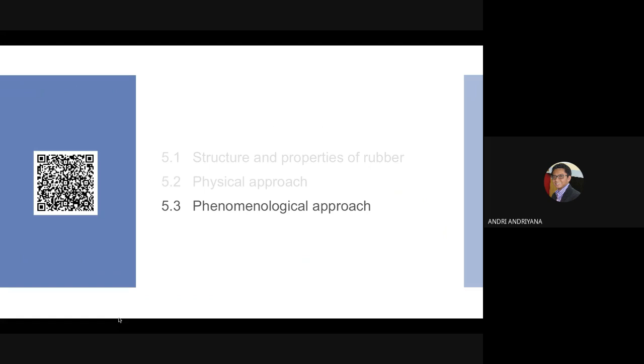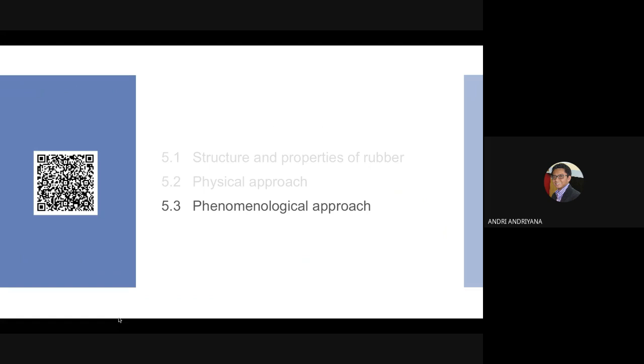Okay, so for today, I'm going to look at a different approach, a really engineering approach, which is called the phenomenological approach. This is the approach widely used by engineers when they do design and stress analysis for rubber components. Unlike the physical approach, we do not need to look at the polymeric chain, the conformation, and so forth.